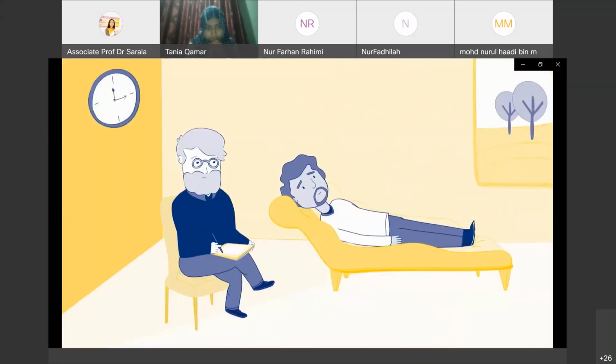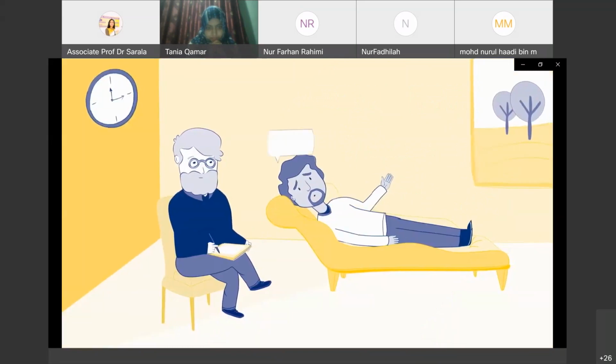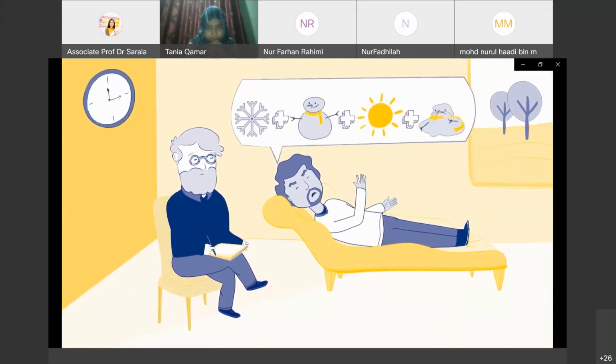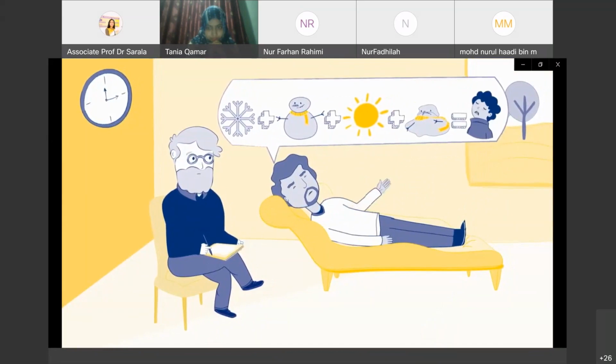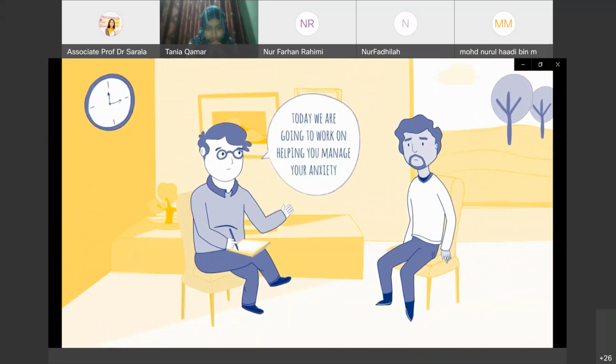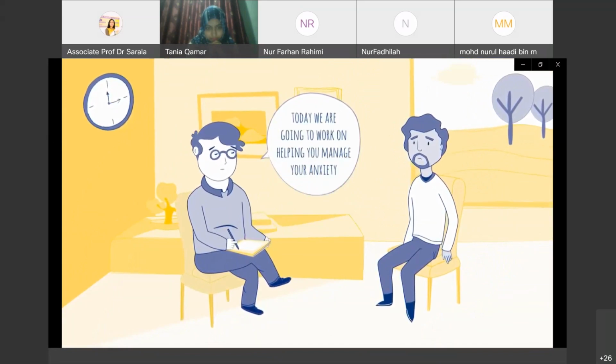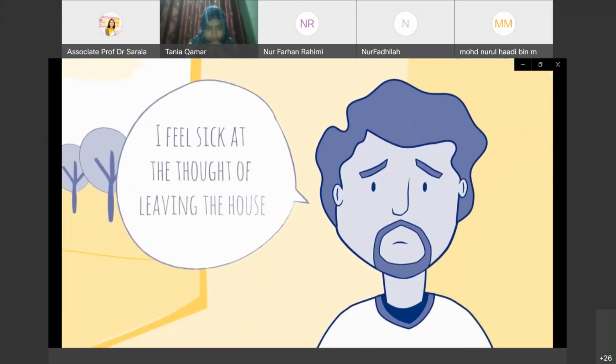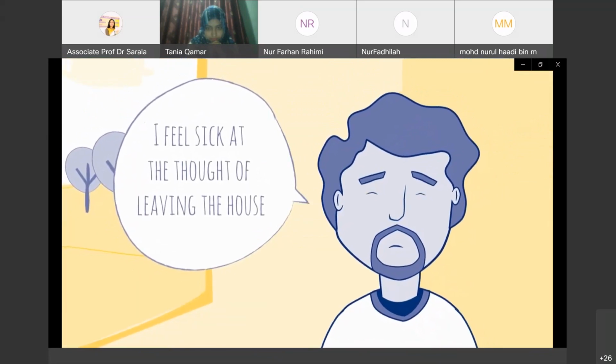The word therapy might make you think of lying on a couch talking to a man with spectacles and a beard about your childhood while he analyzes your dreams. But CBT is actually a very practical type of talking therapy, which focuses on goals and focuses mostly on the present day and things that are affecting you in your life now.